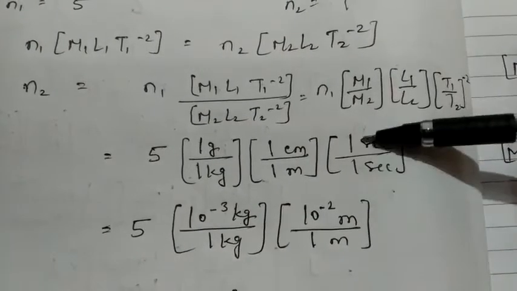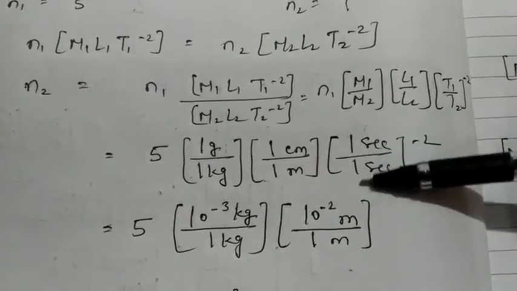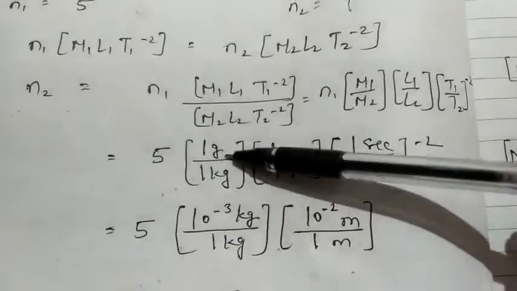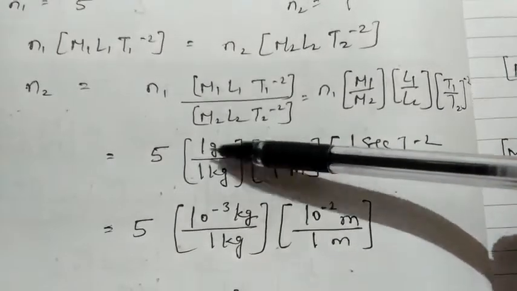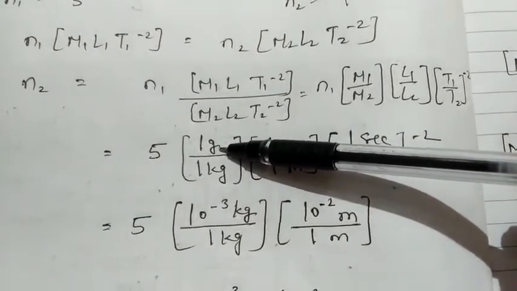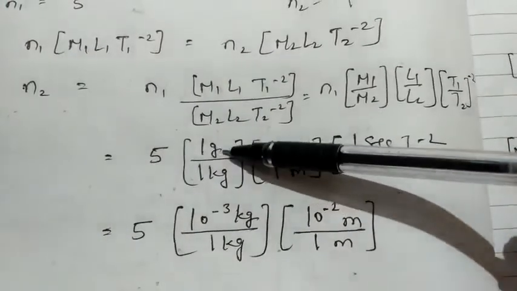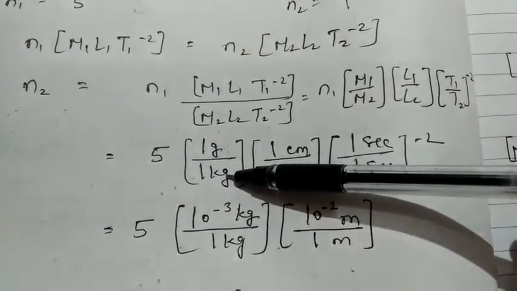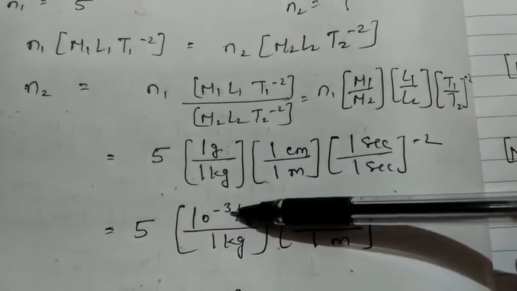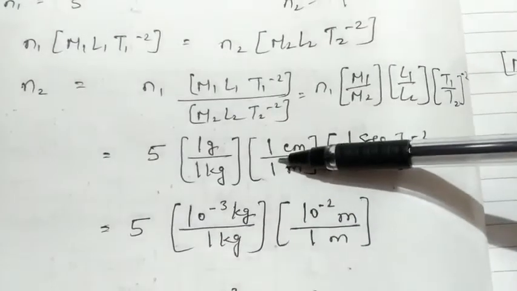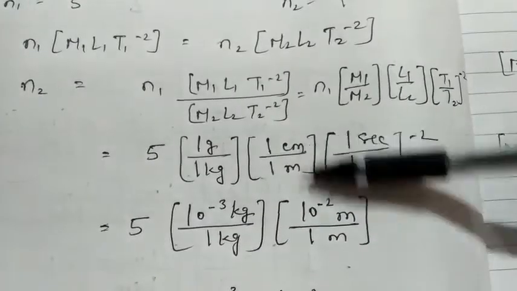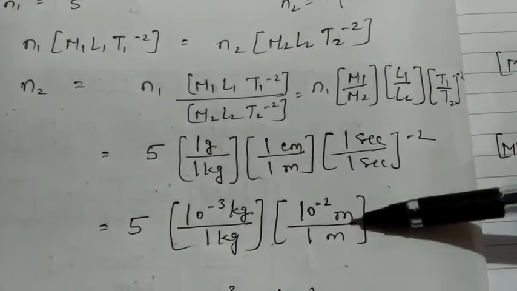Now here second is the same, so we will simply cut that. Here gram, CGS 1 is the known quantity. We have to convert it into the unknown one. So when we convert gram into kilogram, we get 10 to the power minus 3. Similarly, when we convert 1 centimeter into meter, we get 10 to the power minus 2 meter.